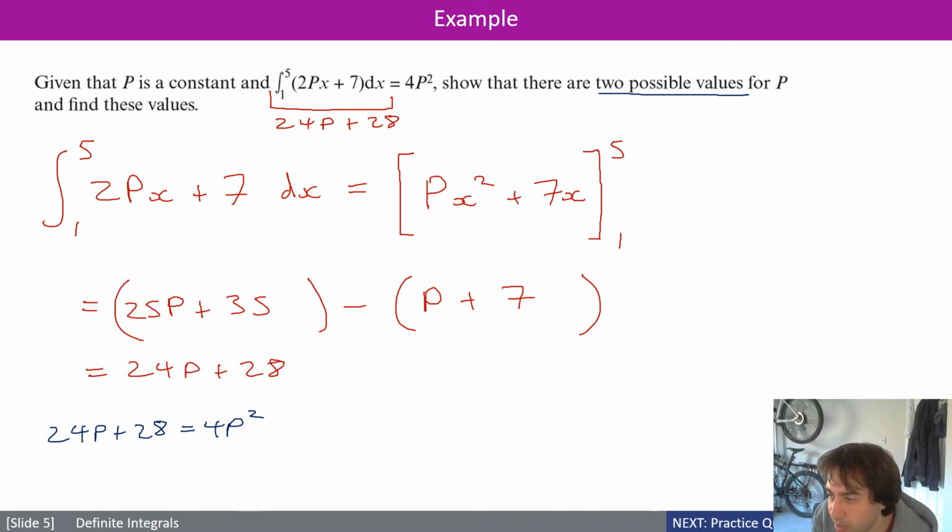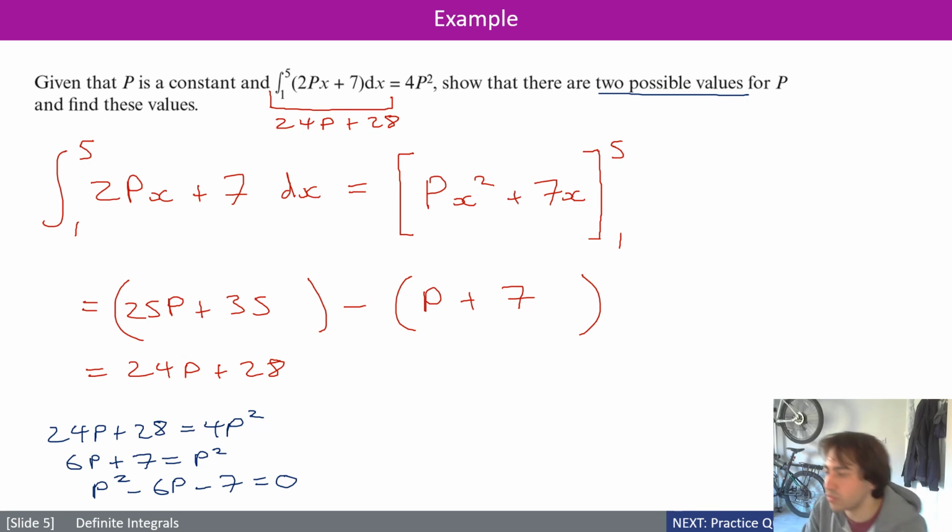So let's first divide by 4, just to simplify that a bit. Do some rearranging. And we've got it in the form of a quadratic. In this case, is it obvious how that factorizes?